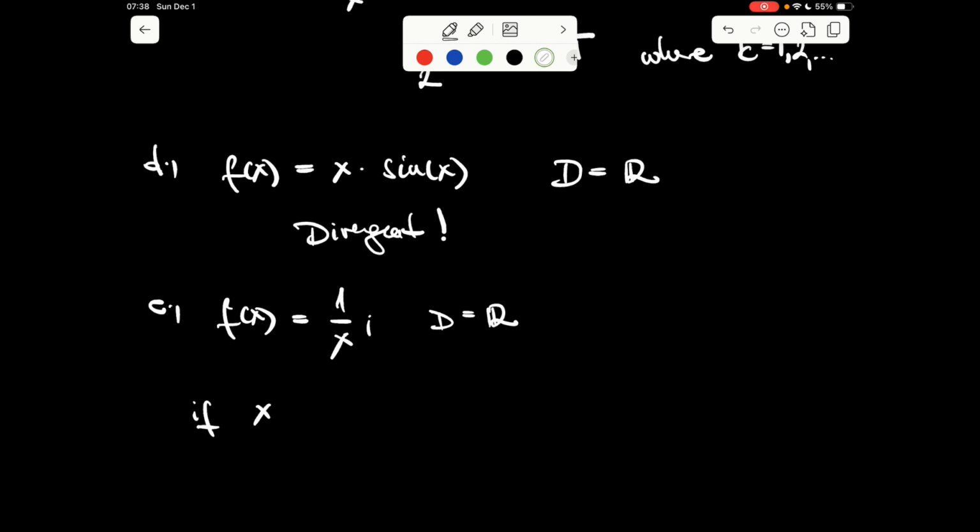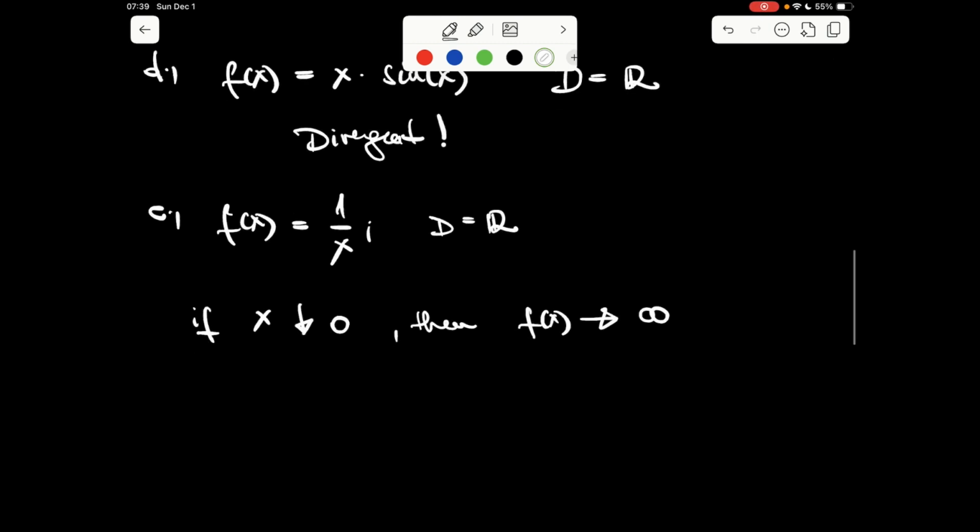If x is approaching 0 from above, then f(x) is approaching infinity, and on the other hand, if x is approaching 0 from below, then f(x) is tending towards minus infinity.